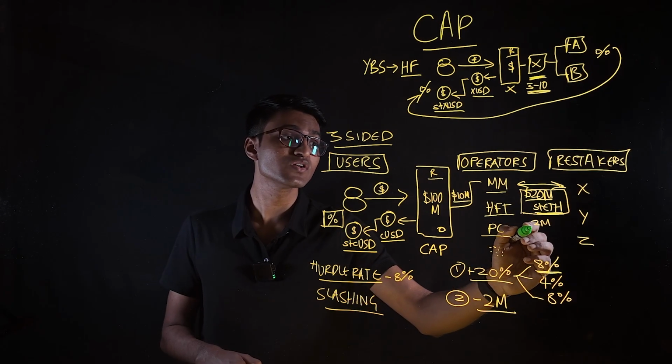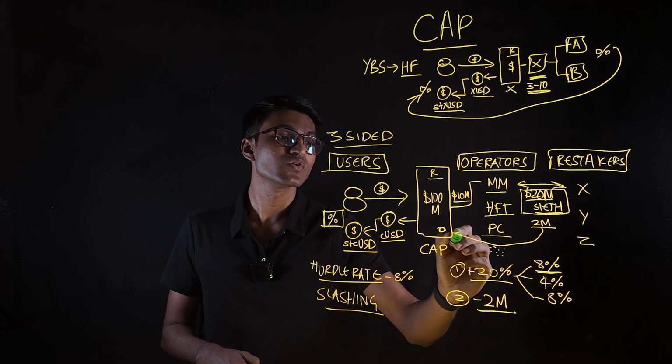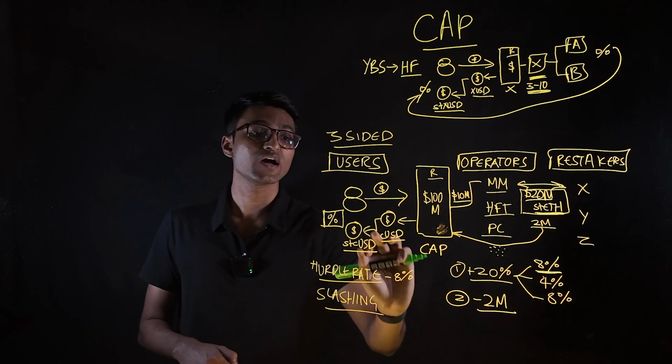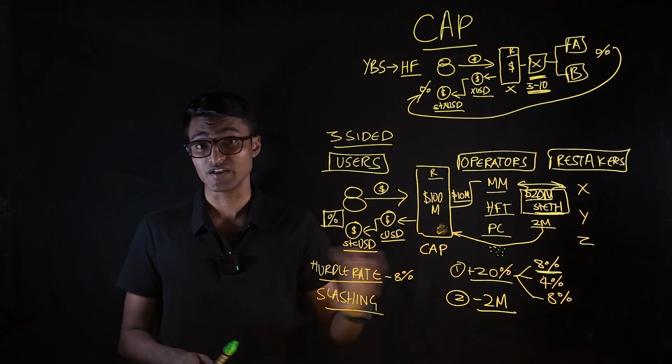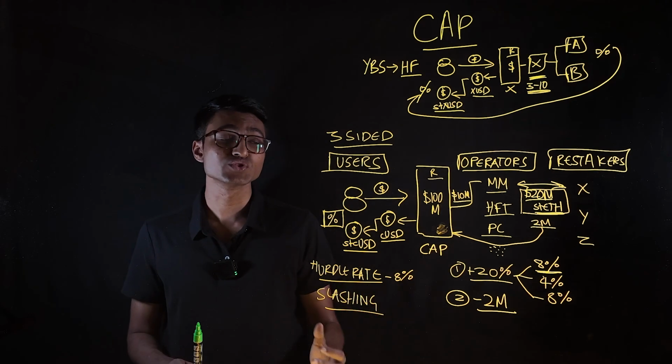And that $2 million goes back into filling this hole. So this hole doesn't exist anymore. You have 100 million cUSD and you have $100 million backing it, right? This is the worst case scenario where the operator loses money.